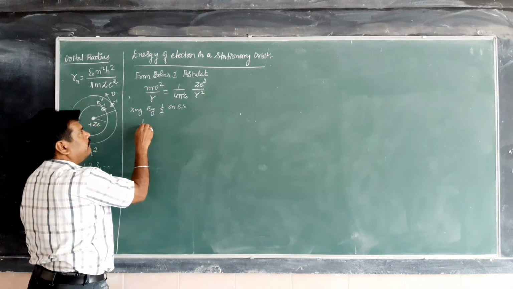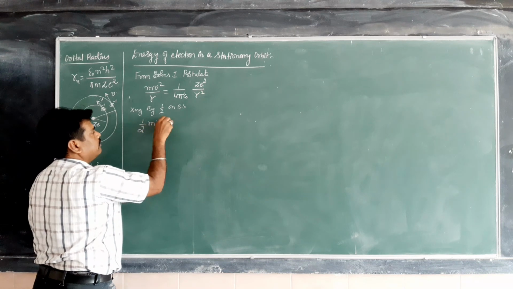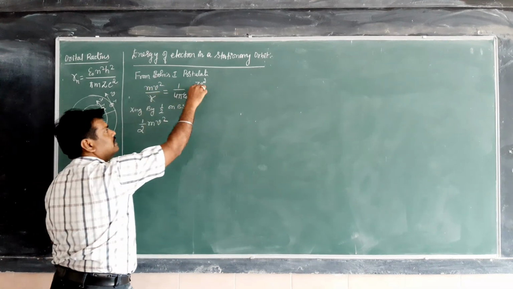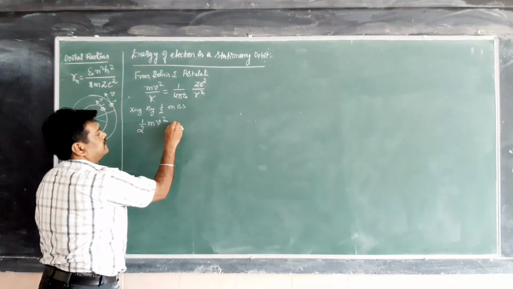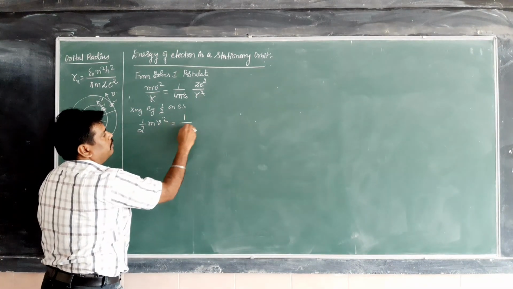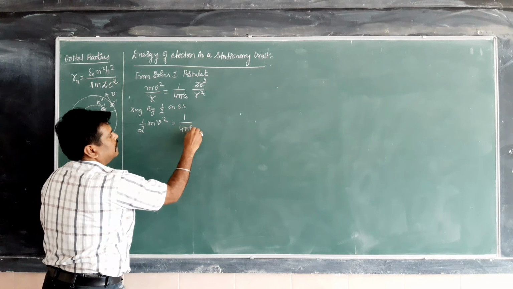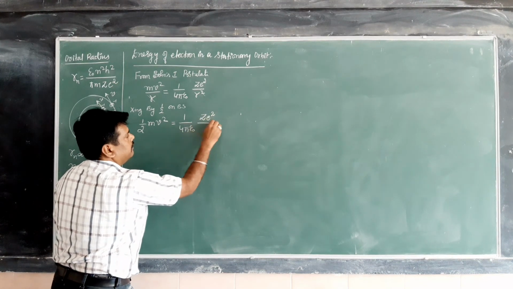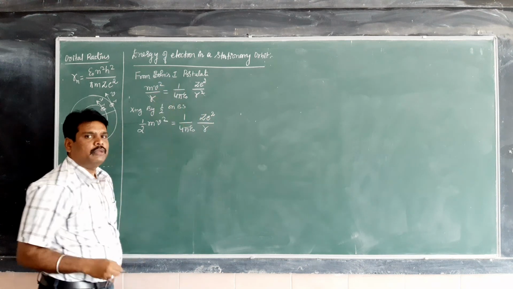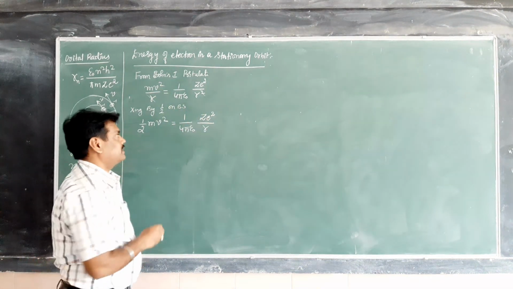So you get half m v square, because one r gets canceled between LHS and RHS, which is equal to 1 divided by 4 pi epsilon naught into z e square divided by r only, because r gets canceled once.